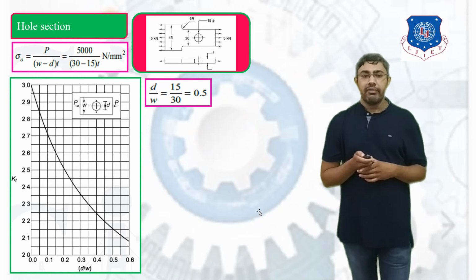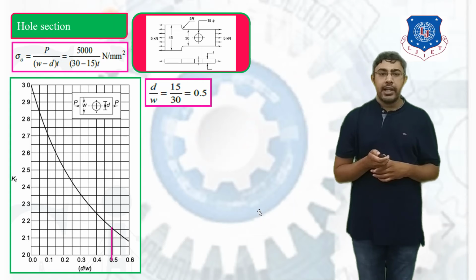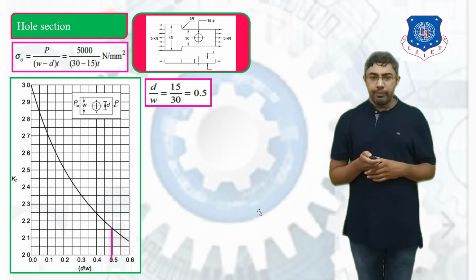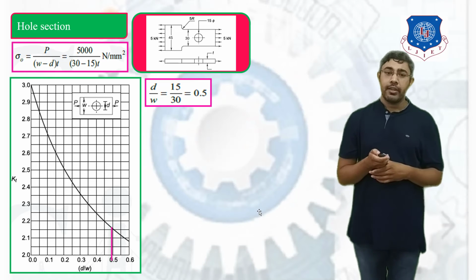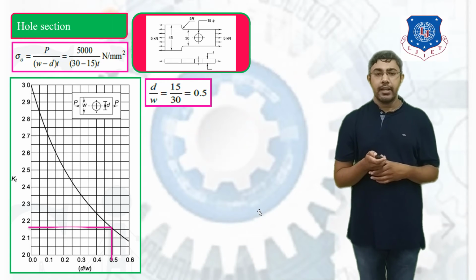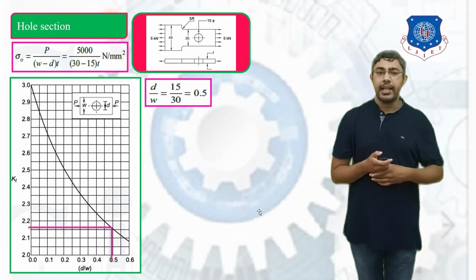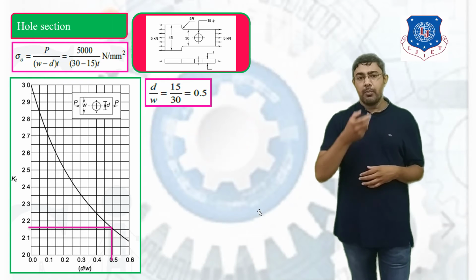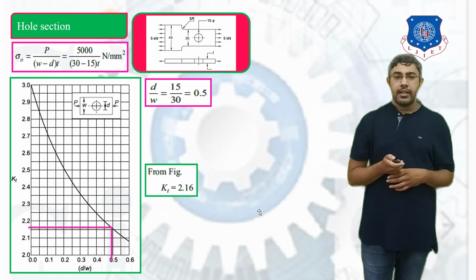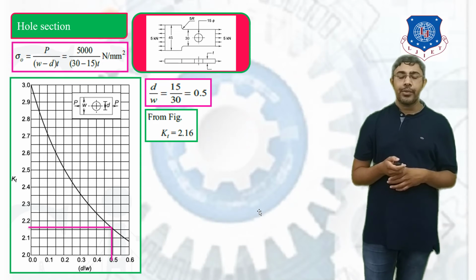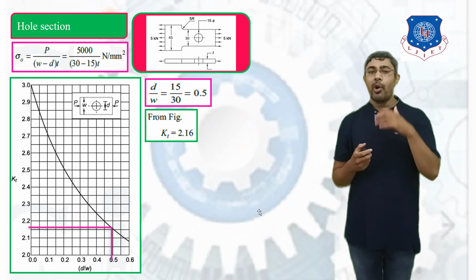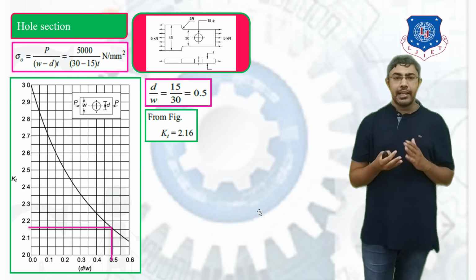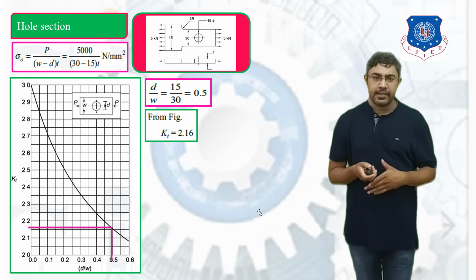So from 0.5 we have to draw the vertical line which intersects the curve, and from the intersection point we have to draw the horizontal line to calculate the stress concentration factor. From the chart we can see that the stress concentration value Kt is equal to 2.16.